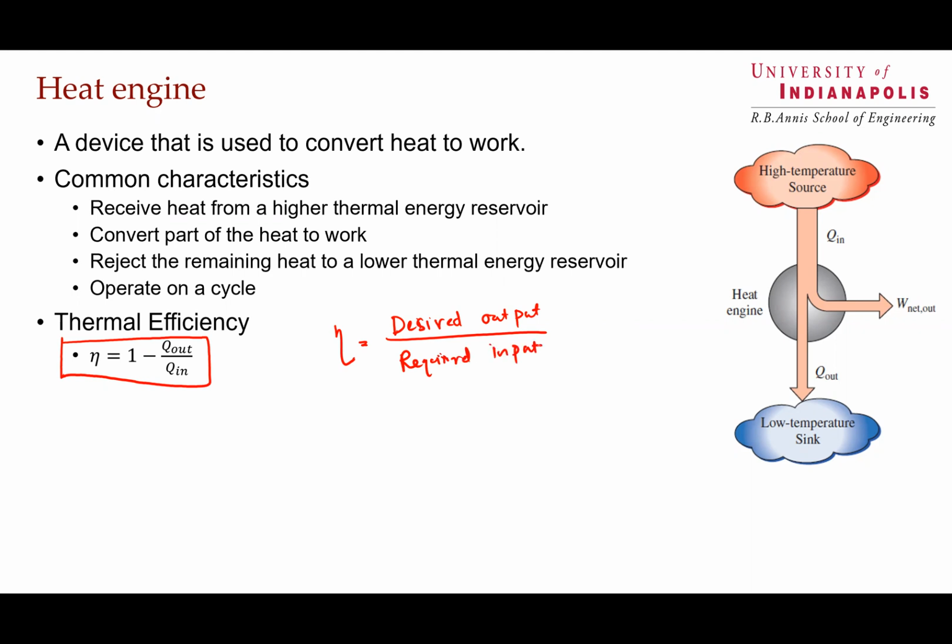So what is the desired output? Desired output in the heat engine is the net work output, W net out. And the required input is Q in, not net Q in, but Q in, okay?